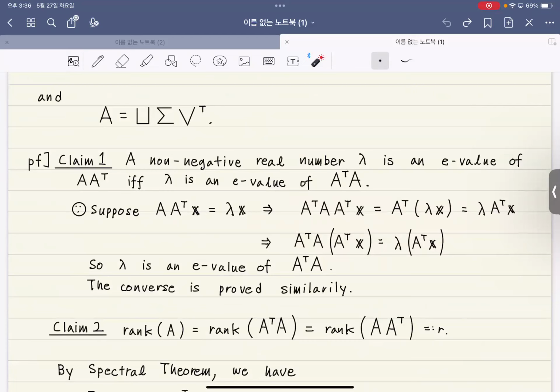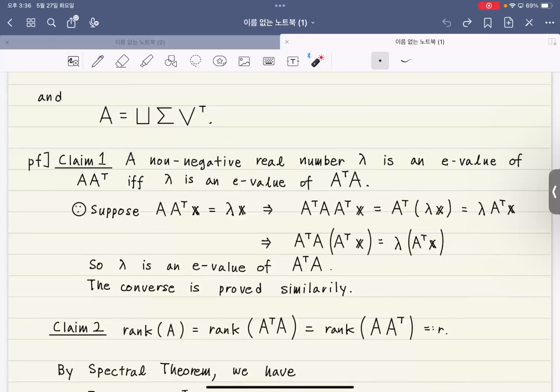To prove the theorem, I'll break the proof down into a few different parts. Claim number one: a non-negative real number lambda is an eigenvalue of A A transpose if and only if lambda is an eigenvalue of A transpose A. Before I prove claim number one, first you will need to understand that A A^T and A^T A are both real symmetric matrices, right?